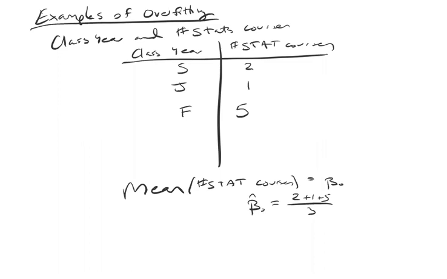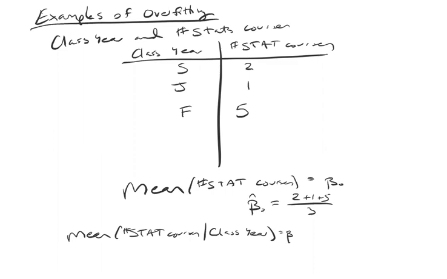Or I could try to do it based on class year. I could have my model say, hey, I want to have a different prediction depending on your class year. So I might say the mean number of stat courses given your class year is going to be equal to, I don't know, well, in this data set, there's no sophomores.